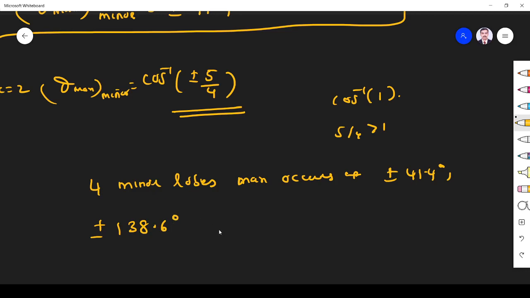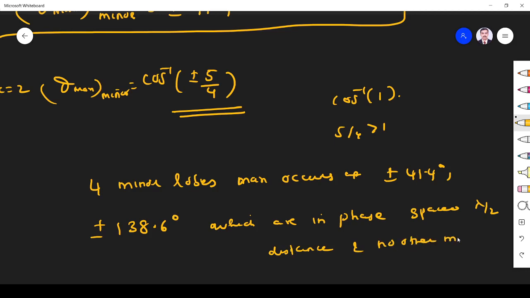And they are in phase, and that's what I told during the starting of the session, which are in phase and spaced at lambda by 2 distance. And there is no other minor lobe maxima.